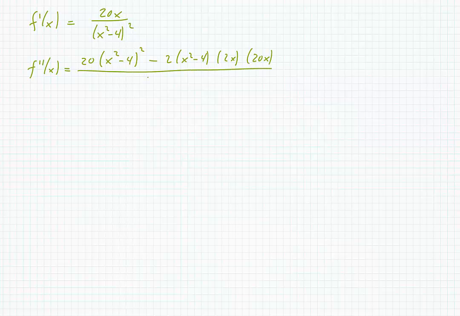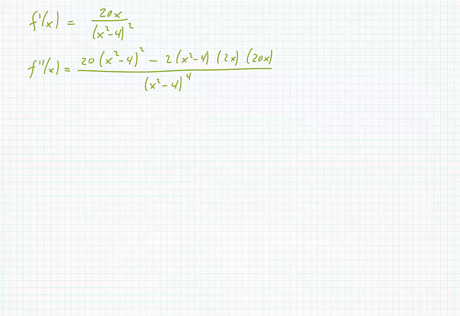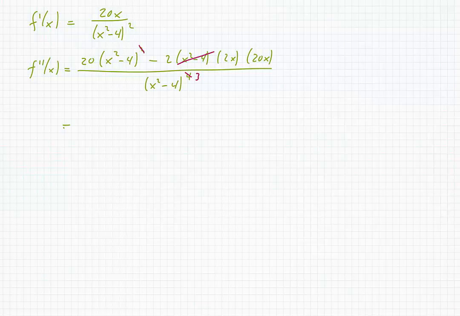That's all going to be over ((x squared minus 4) squared) squared, which is (x squared minus 4) to the fourth power. So I'm going to reduce some powers here. We have x squared minus 4's everywhere. We have one that I can cancel here, I can cancel one of those here, and I can cancel one of them here. Then I'll see if I can't clean things up a little bit.